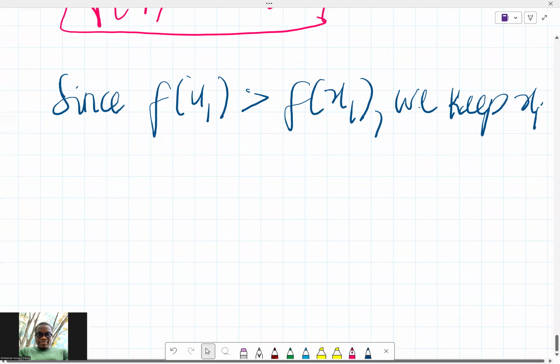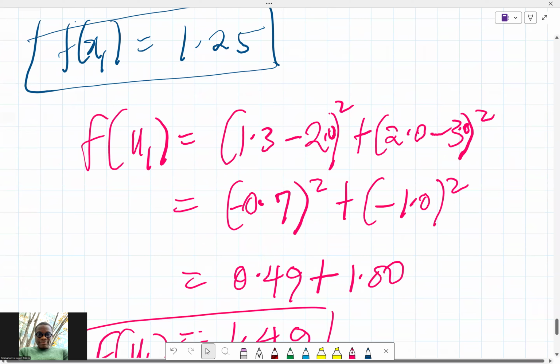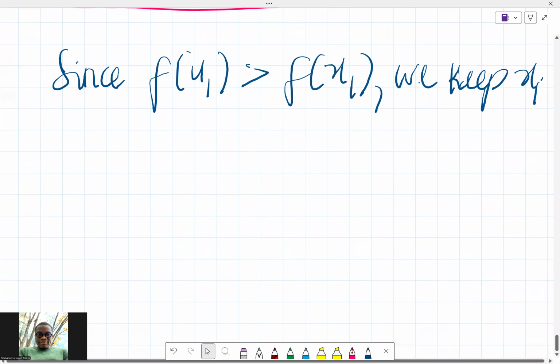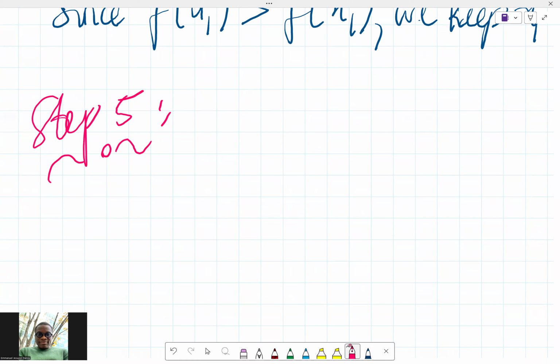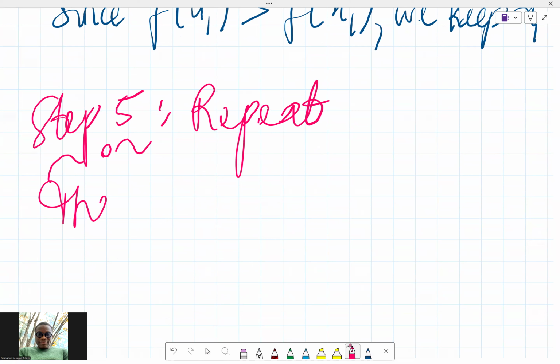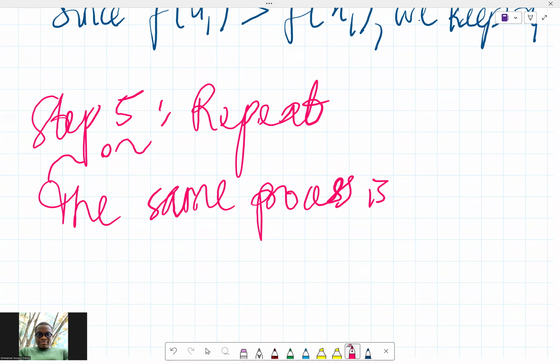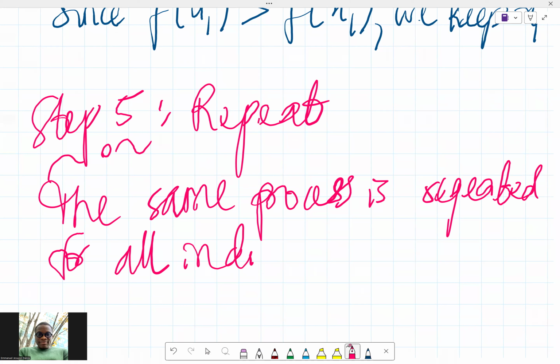So we keep x1, and then in step 5 now, we repeat the process. The same process is repeated for all individuals in the population.